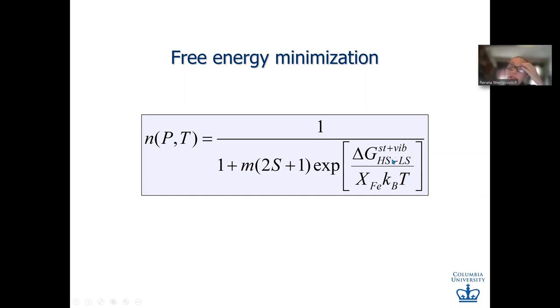So the good thing is that we do calculations on the end members separately, and then you mix them in this way. And m is 3, the degeneracy of the minority electron in the high spin state, and S plus 1 is the number of spin orientations, right? So this is the degeneracy of the iron in the high spin state.